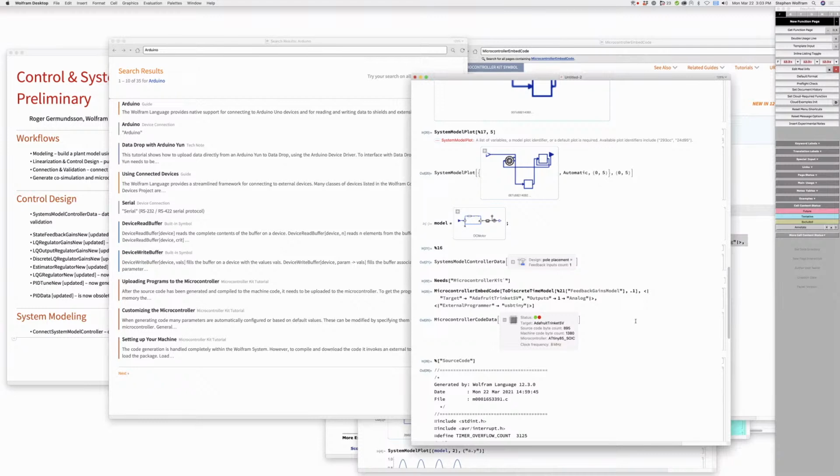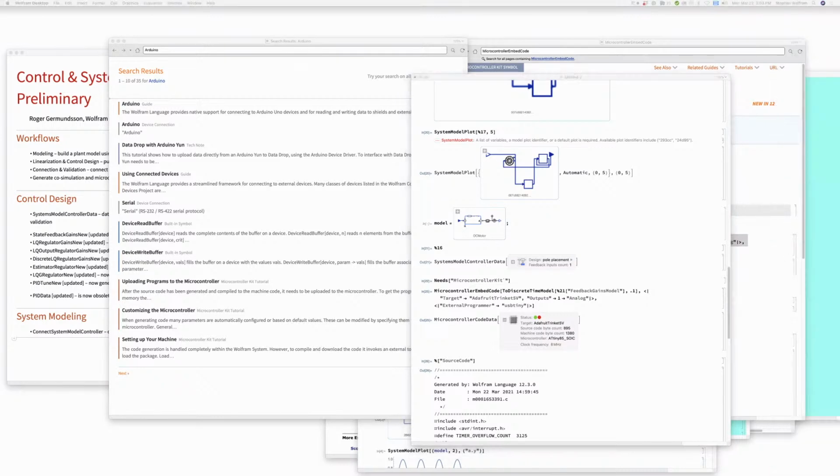Wait a minute. Is the RISC-V architecture included in the compiler options here? No. It could be in the future, but the microcontroller kit is compiling to microcontrollers, and each one of the ones that we support provides basically the compiler stack.